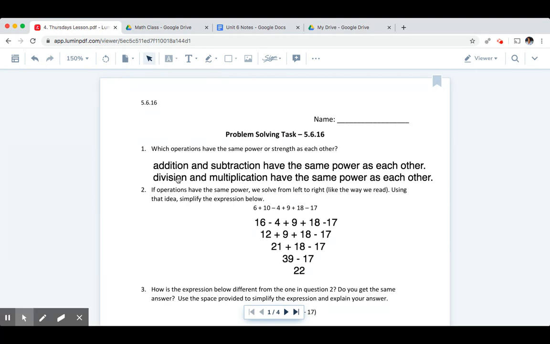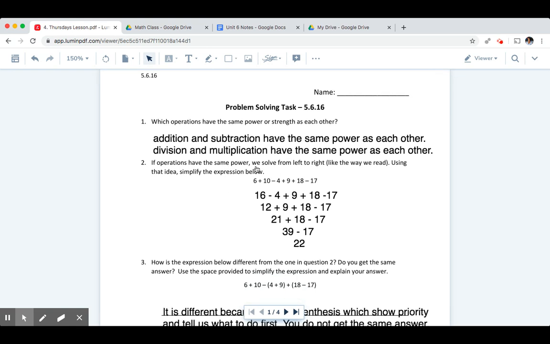We learned that division and multiplication are more powerful than addition and subtraction. So the two operations, addition and subtraction, are equal to each other. They have the same power. And division and multiplication are equal to each other. They also have the same power.